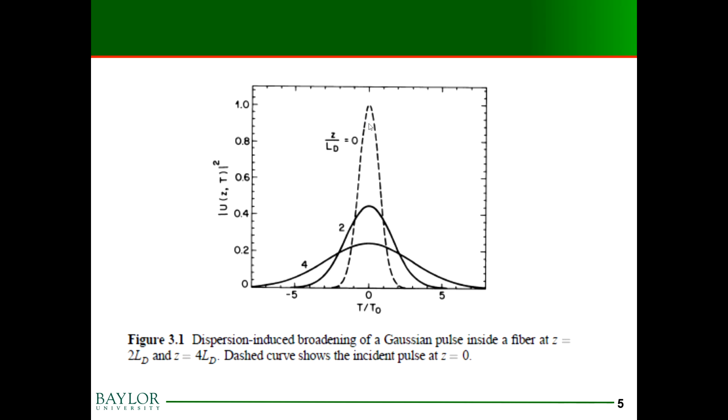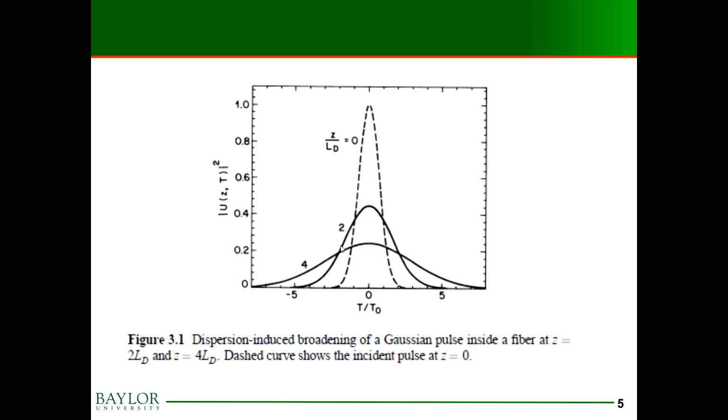This is the Gaussian pulse, with z over L_D, the dispersion length. We usually characterize the dispersion effect by the dispersion length. If the distance is way less than the dispersion length, dispersion has almost no effect, so the pulse is almost unchanged.